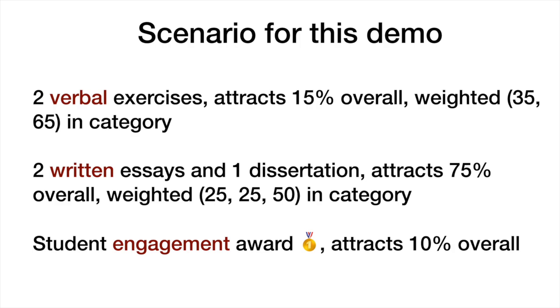And finally, I'm going to have effectively a student engagement award, where it's up to me as the teacher to assess the students on how well they're performing. It could be more points for best progress and so on and so forth. So I'm just going to have a few points to award students as required.